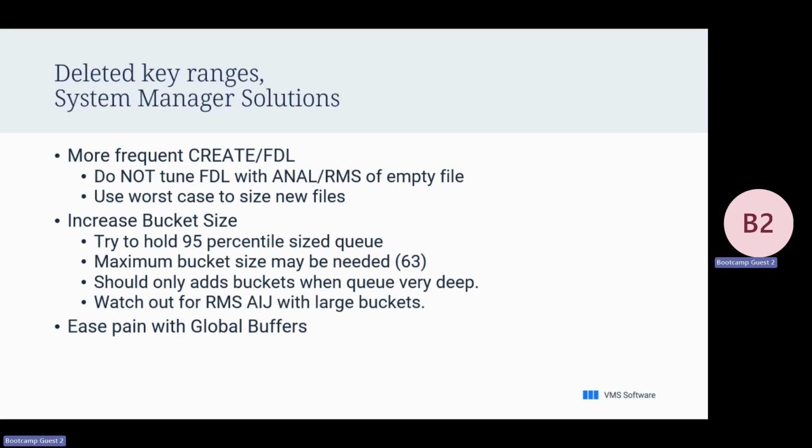Potentially, you just need to increase your bucket size to 63 to have more flex in the storage area, so as not to exceed into the next bucket. But we'll talk about details specific to your application. Deleted key range is a recognized problem. RMS doesn't do anything about it because it's constrained by the promises it made.